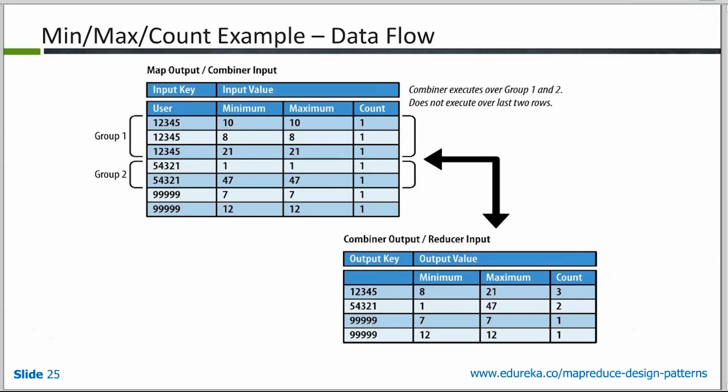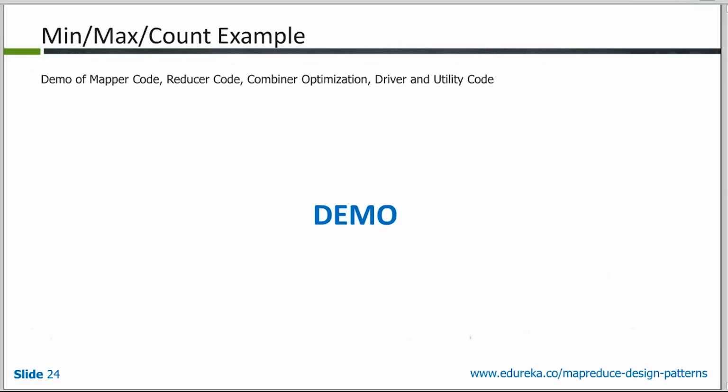So for example, for user ID 1, 2, 3, 4, the minimum value has already been calculated by the combiner here. So you have 8, maximum is 21, and count is 3.